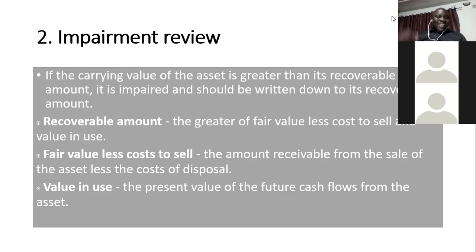You will not be there, but you know that this is the value that we expect to generate at the end of the 20th year or 21st or 25th. So it is prudent that that amount you discount today. So you need to bring in your discount factors. So in short, value in use is basically the present value of the future cash flows from the asset.